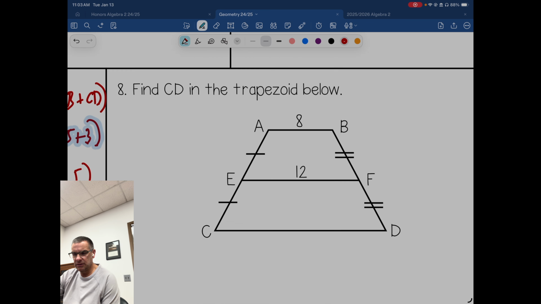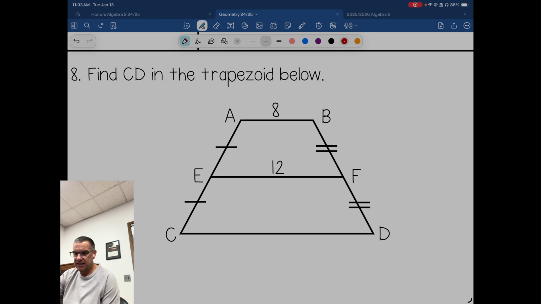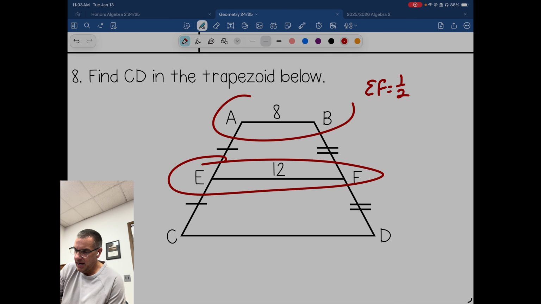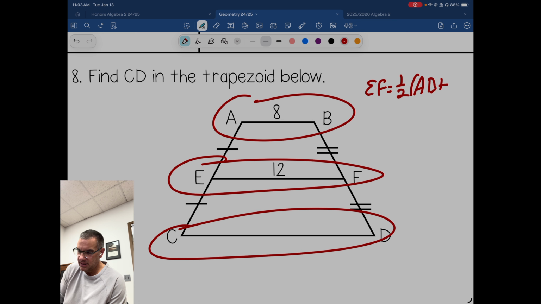The next one is a little different question. Find CD. Well, EF is my mid-segment again, so EF is going to have to be 1/2 of AB plus my other base, which is CD.